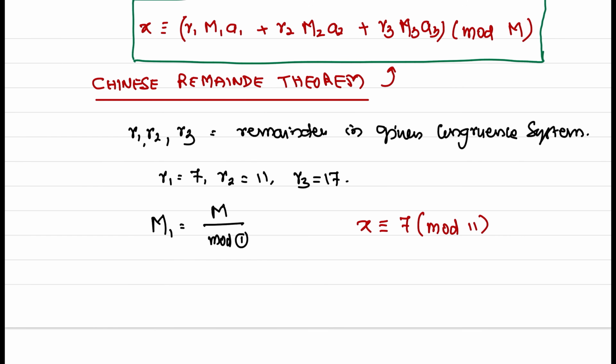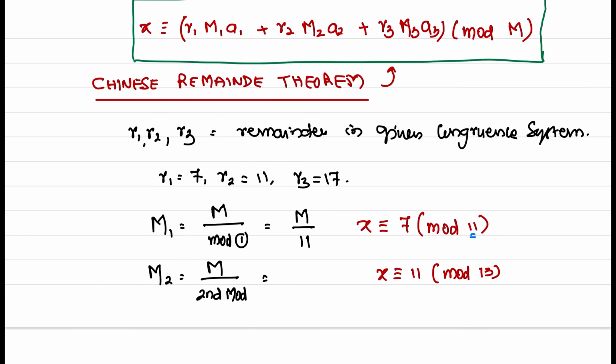Hence, this value 11 is the first mod. Then this becomes overall modulus by 11. M2 is equal to overall modulus by the second mod. The second equation is x equivalent to 11 mod 13. Let this 13 be put here.